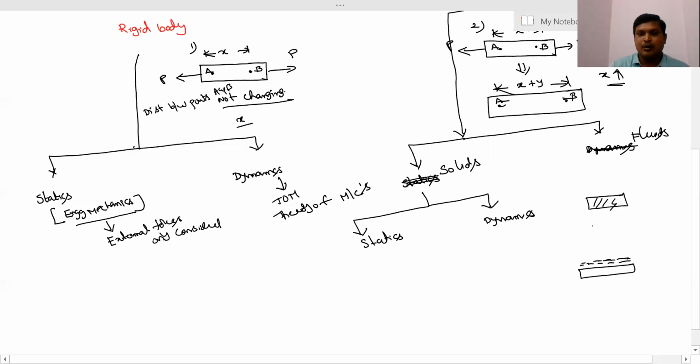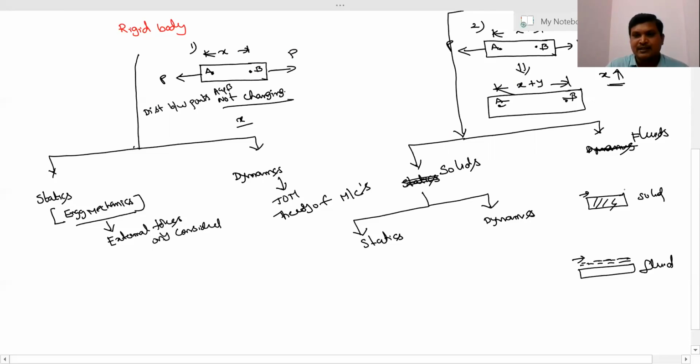I'm applying some force on this solid as well as on the fluid. I'm applying the load on the solid as well as the fluid.